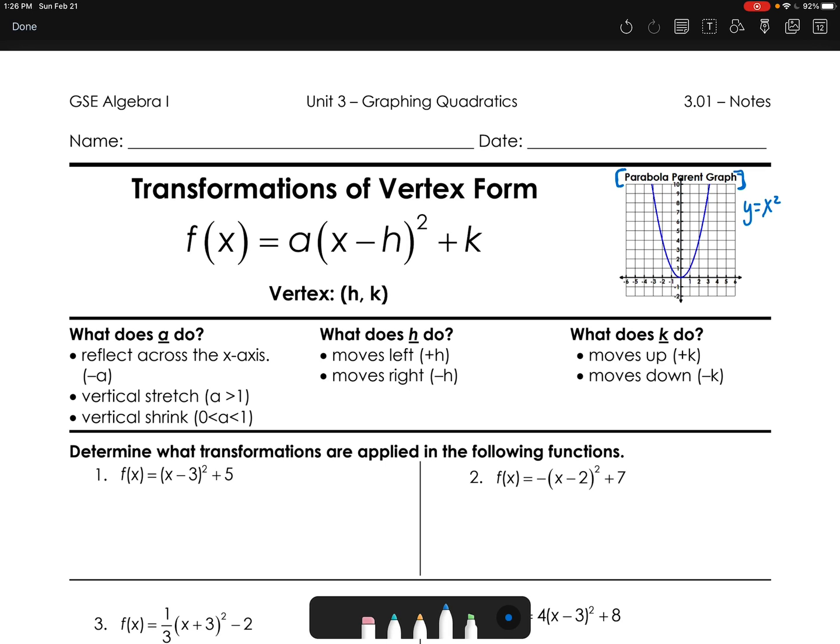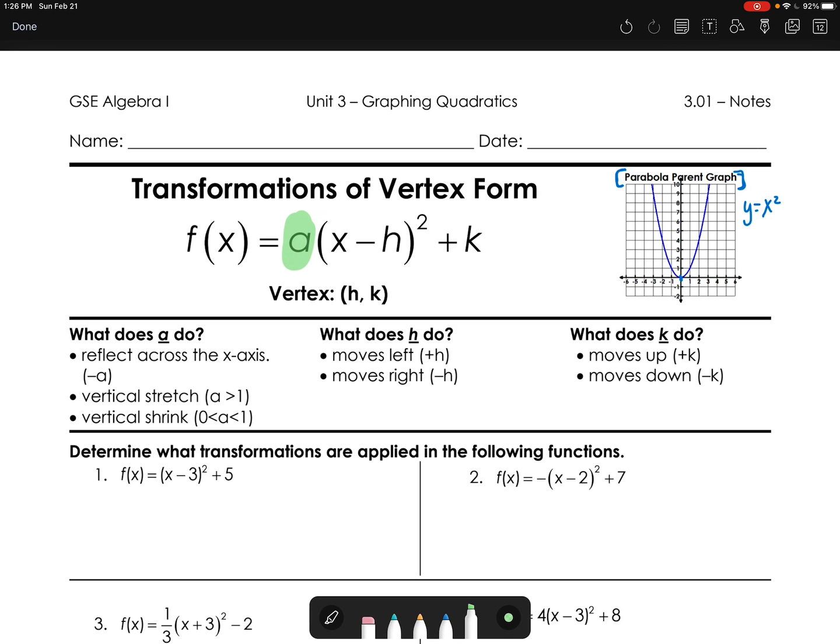This is the graph y equals x squared, where the vertex, which is the point in the graph where it turns, or where the bottom or top of the parabola is, is at 0, 0. So we're going to talk about what happens when we move the graph up, down, left, right, make it wider, make it skinnier, and how we can find those transformations just by looking at the equation.